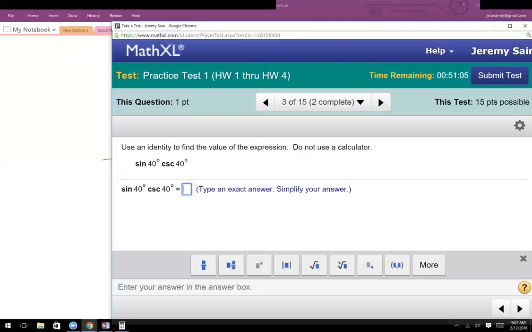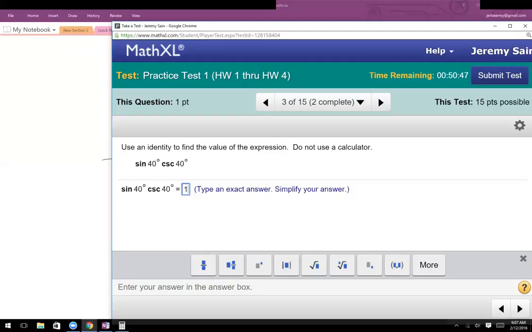Okay, without using a calculator, can you tell what sine of 40 times cosecant of 40 is? No, because cosecant is 1 over sine.